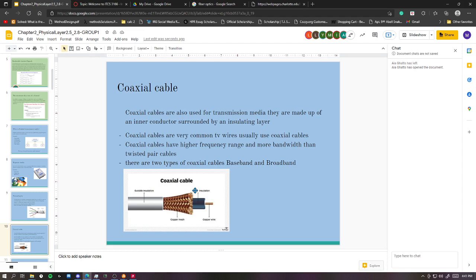If you have a TV, you've probably seen them. They're used for TV wires, and they have a higher frequency range and more bandwidth than twisted pair cables. There's two types of coax cables, which are baseband and broadband coax cables. Baseband has a lower data transmission rate, and broadband has a higher data transmission rate.